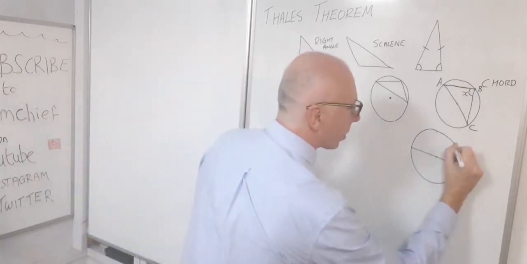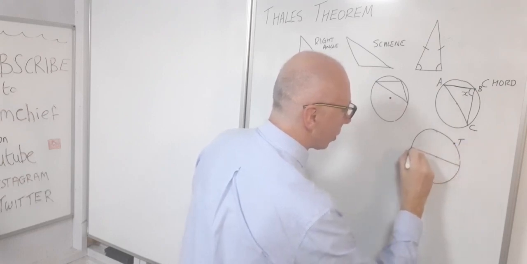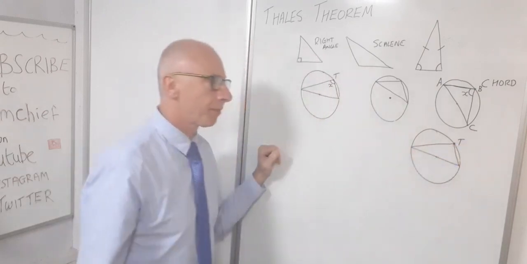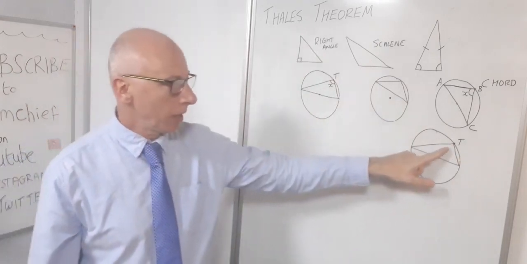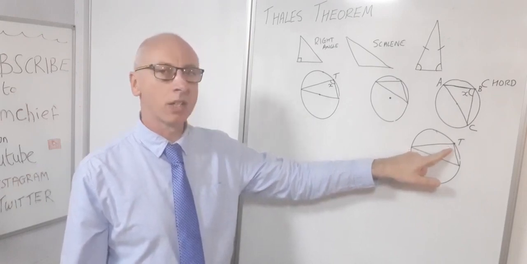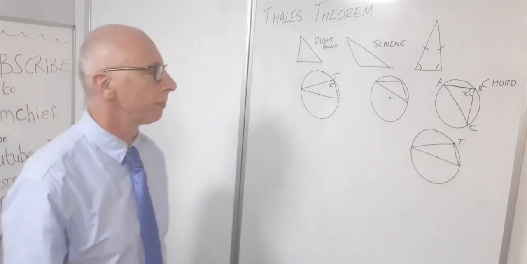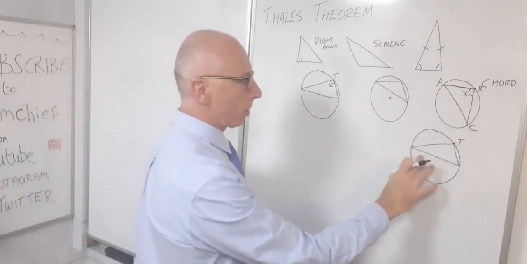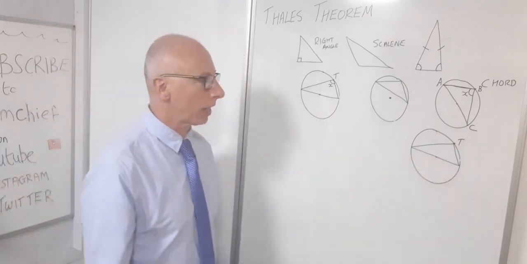So put the centre point there, a point there, call that T, and now I'm going to draw my two chords which connect with the diameter. Now we want some proof that we know what the angle is going to be all the time. So first thing to do is we can have a look here at the lines we know, and we know how to calculate them.